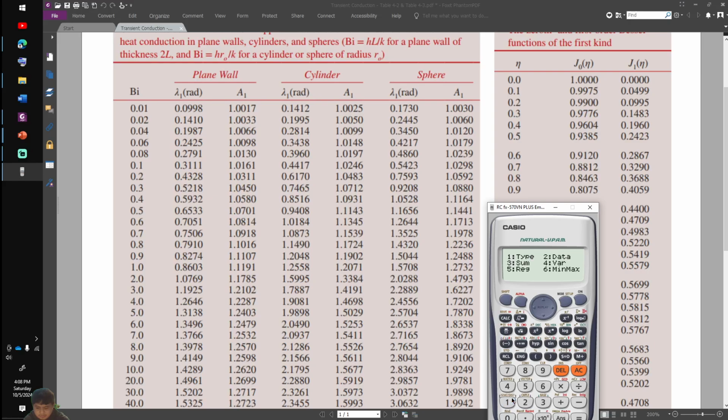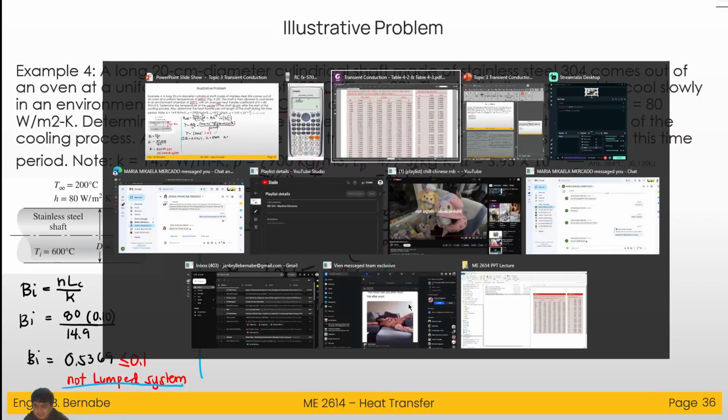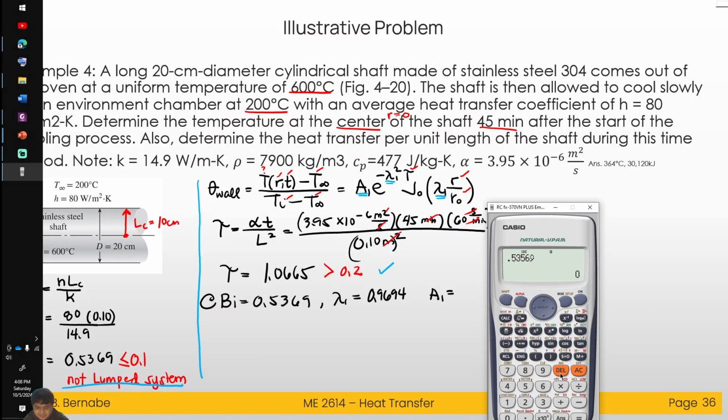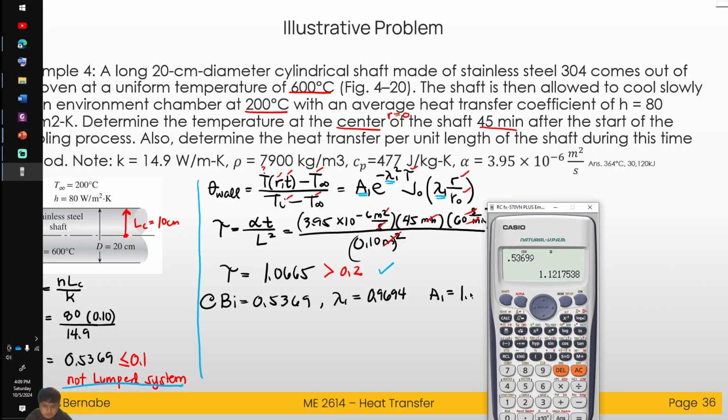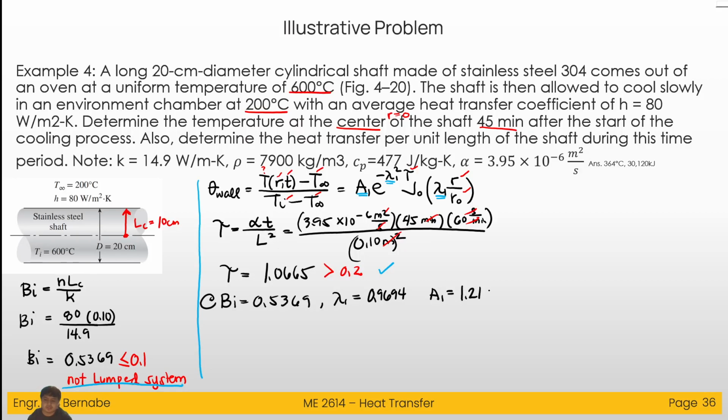Okay, and then shift 155 again, and then 0.5369. So 1.1218. So we got everything in place.